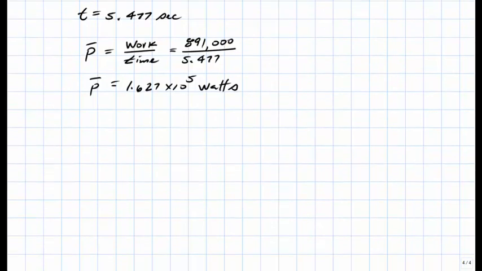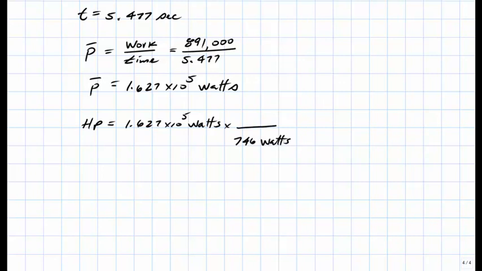But the problem requires that we find the power in horsepower, and that's not difficult to do. Horsepower equals 1.627 times 10 to the 5th watts, and we'll convert the watts to horsepower by noting that 746 watts equals 1 horsepower.